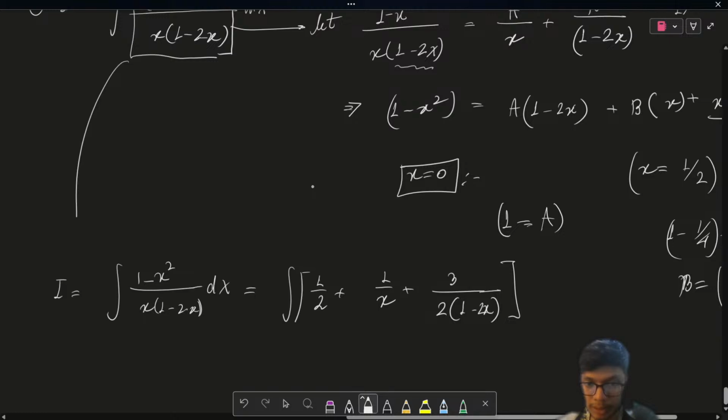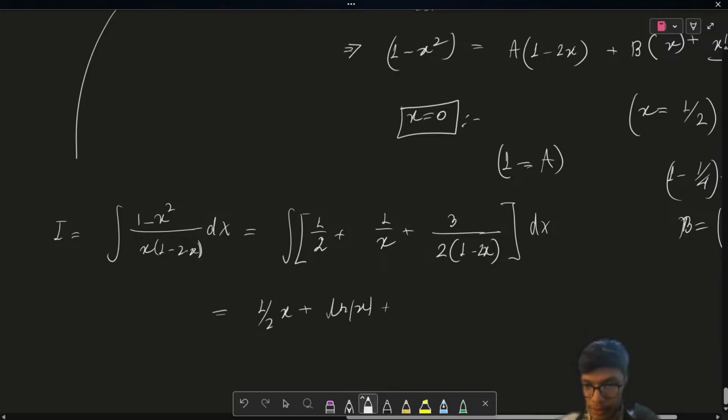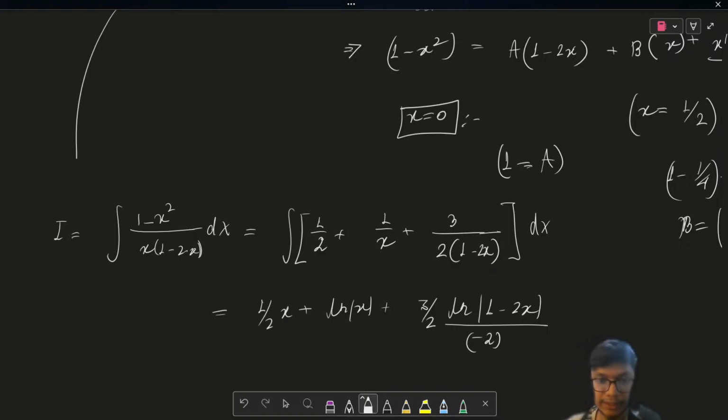So this is what it becomes now, and then dx. So therefore I can easily integrate individually. So this will become 1 upon 2x plus natural log of x plus 3 by 2 times natural log of 1 minus 2x, and then divided by minus 2 over here, plus some constant c, and that's going to be the answer for this question.